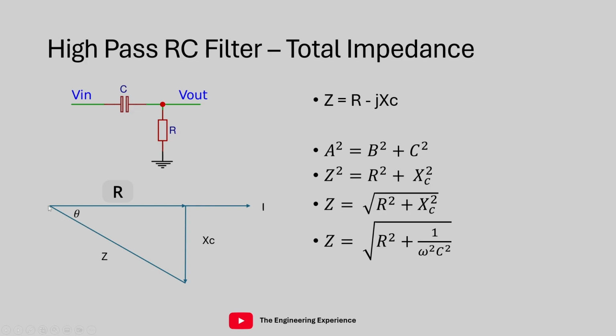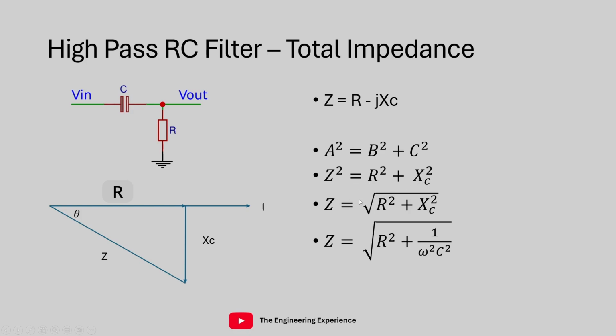To calculate the total impedance, which is basically represented by this line or the hypotenuse, we can use this equation over here. So a squared is equal to b squared plus c squared. So our b is obviously R and our c is equal to XC.